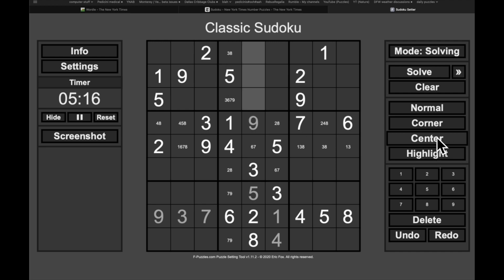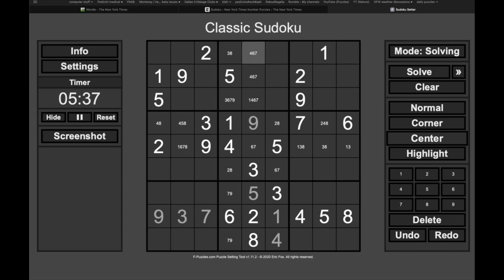Let's see, column 5 is somewhat fruitful because I have a bunch of digits already. 2, 3, 5, 8, 9 have all been placed. I need 1, 4, 6, and 7. This can be anything. That's not 1.